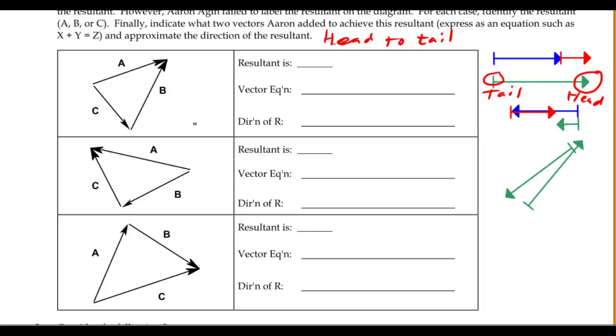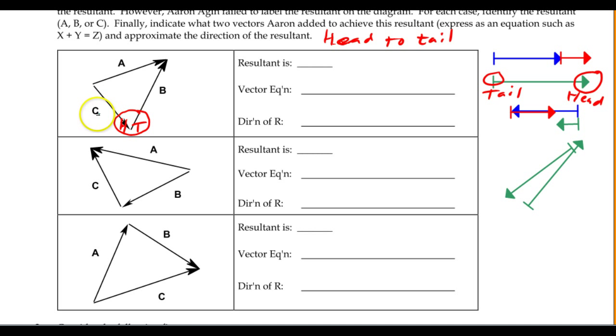Okay, the resultant is going to be the straight line from where you started this whole thing to where you finished the whole thing. What you want to look for to determine what's being added, you want to look for head and tail.